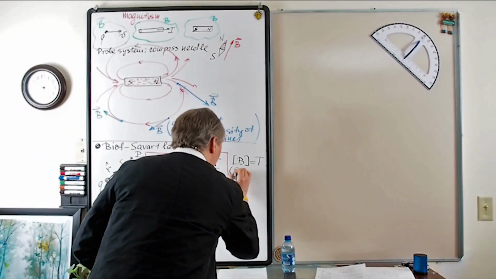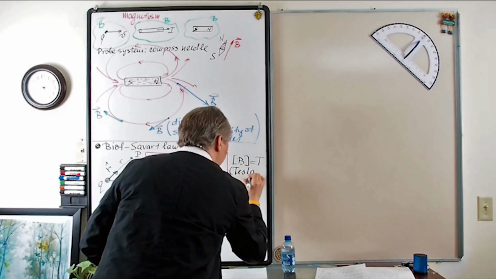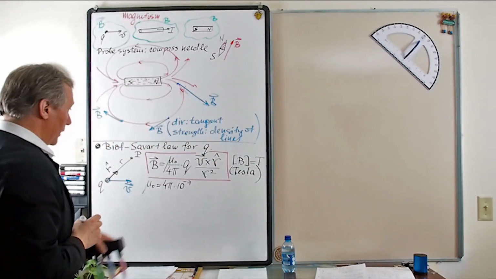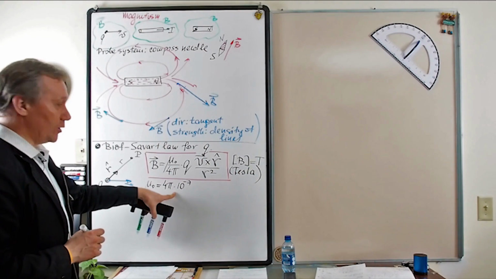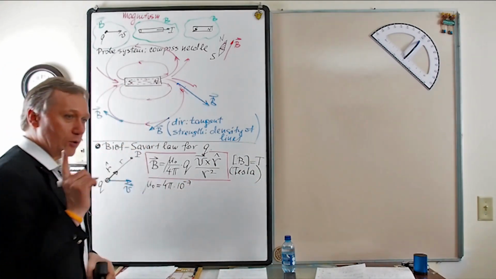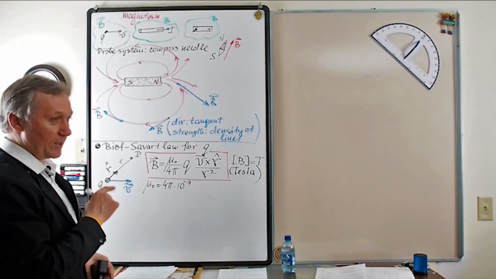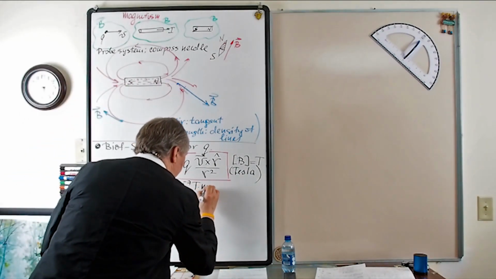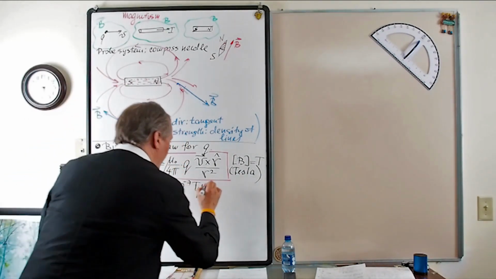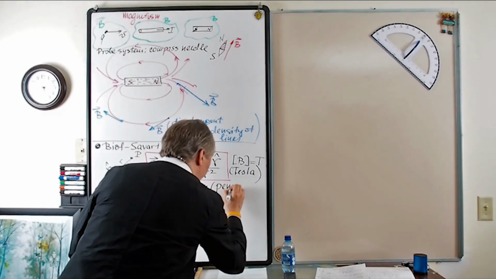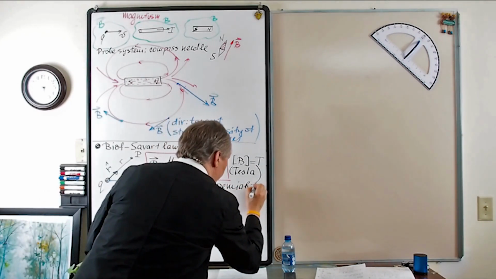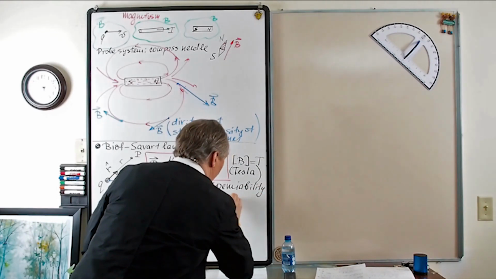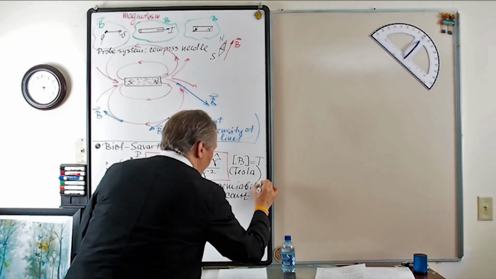So Tesla. And now I can write the units of mu naught, which is actually called the permeability of free space, the permeability constant: Tesla meters divided by amperes. Okay, that is the permeability constant.